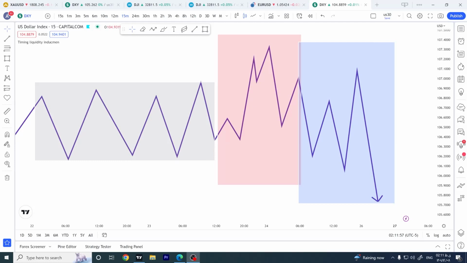But the more important thing is that the market draws itself to liquidity. Why? Because it needs fuel to move, and those big players need big chunks of opposite orders to fill their orders on the way up or on the way down, and to close their orders in profits or small losses.